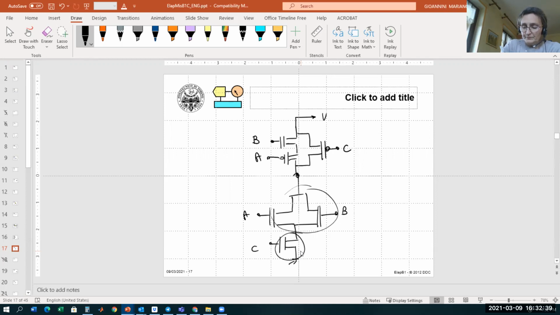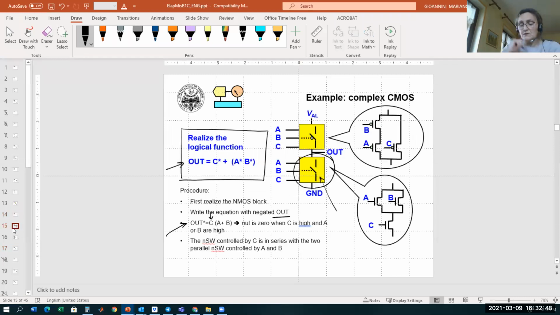This is P. Okay, clear? And in conclusion, the circuit is shown in this part. So you see that here you have the P, A, B, which are in series in parallel to the C. Here you have A, B in parallel, which goes in series to the C.